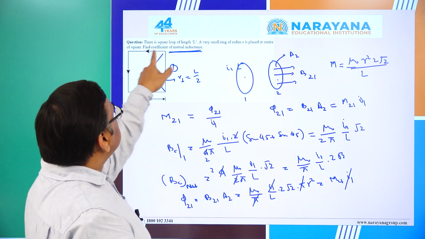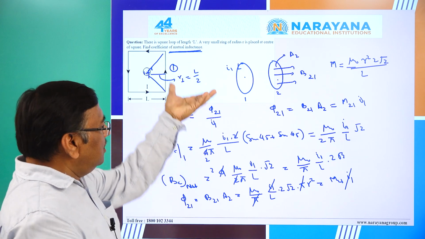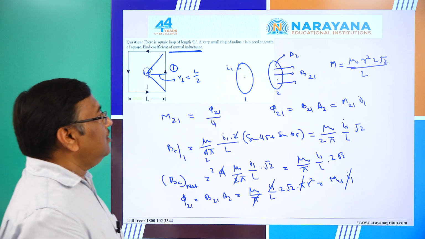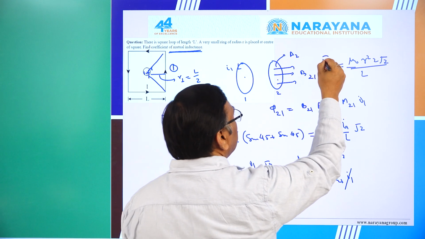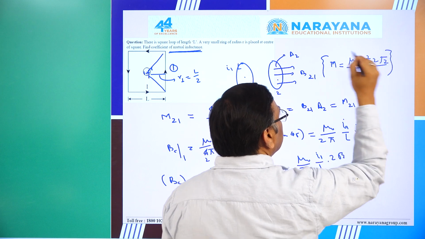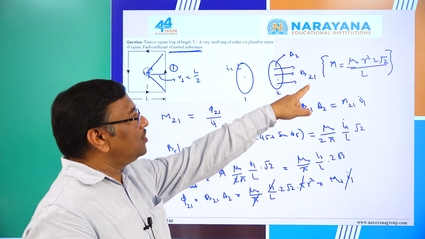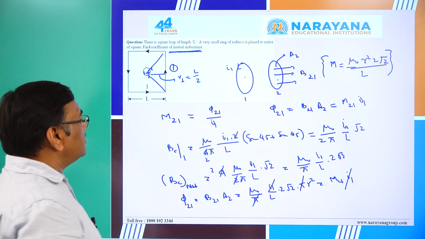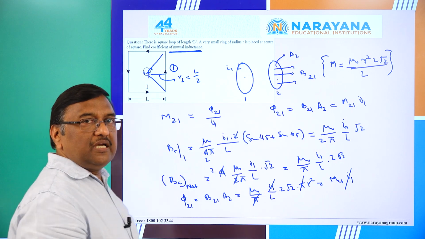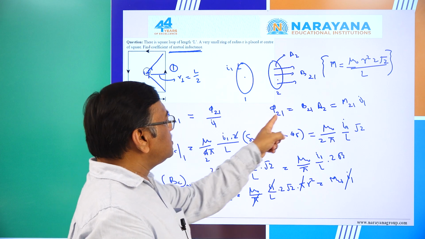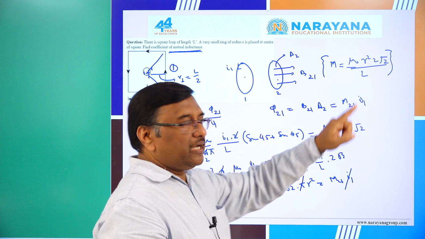Okay, so that's what I say to find the coefficient of mutual inductance. In this question again we are saying memory based, so quite possibly students may not remember what the value of M is here. So we get M is equal to mu naught r square 2 root 2 upon L, which should be the right answer for this question.